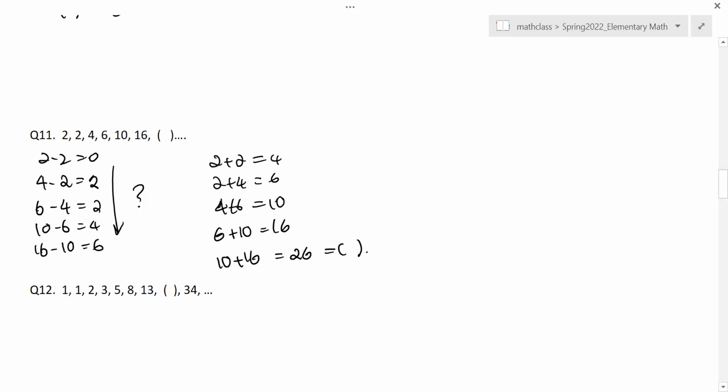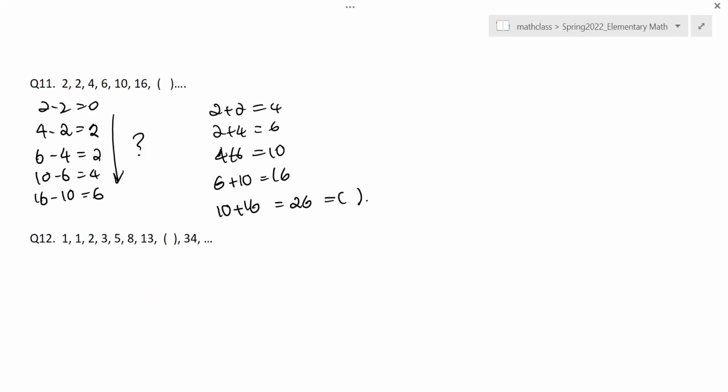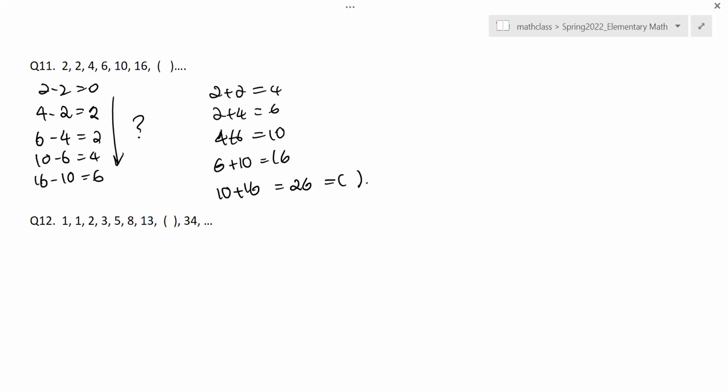All right, so problem 12. This is the next problem: 1, 1, 2, 3, 5, 8, 13. You guys got the answer quickly.